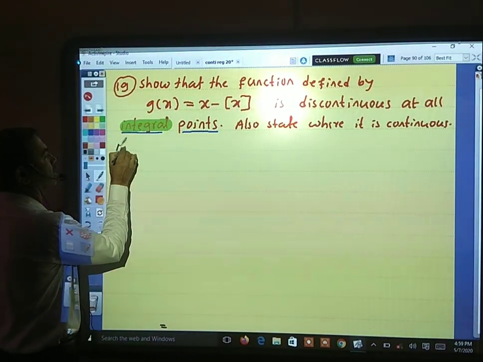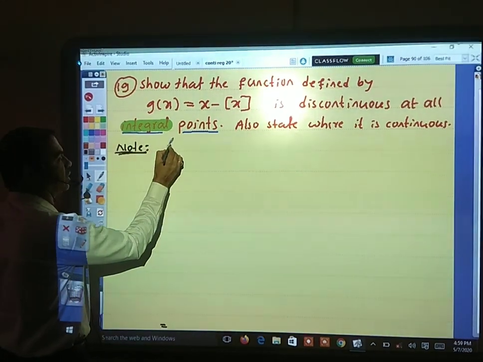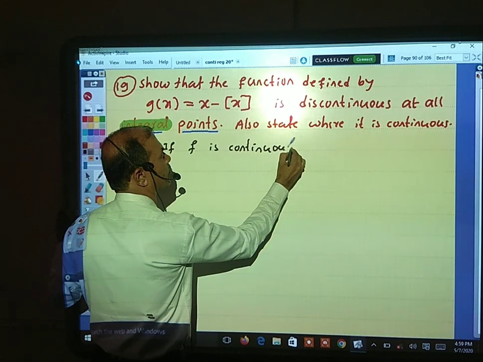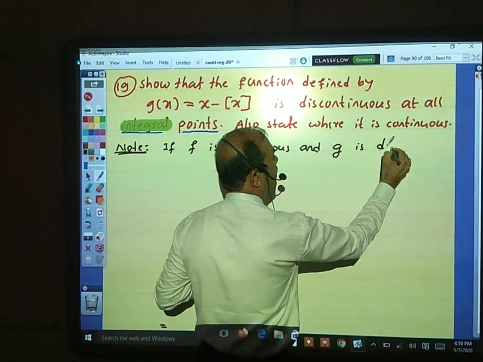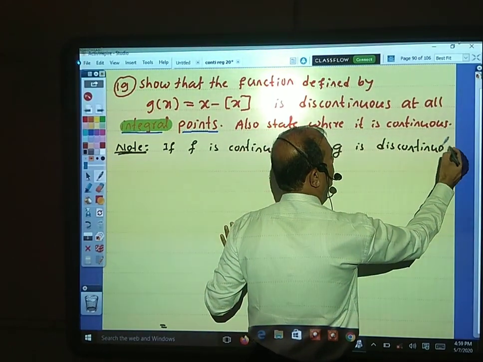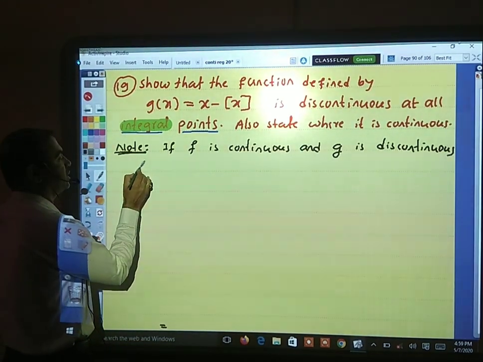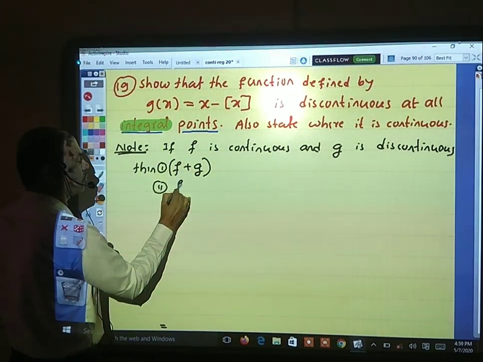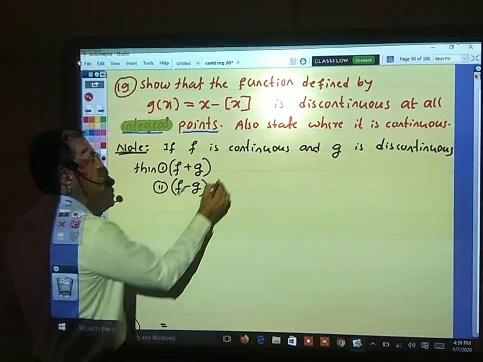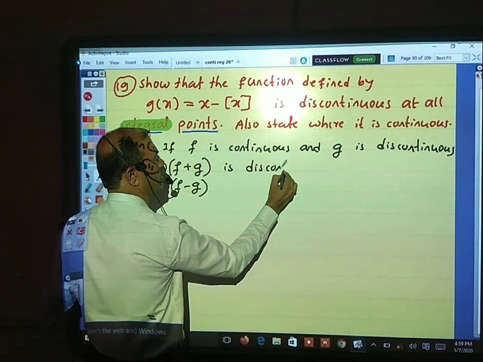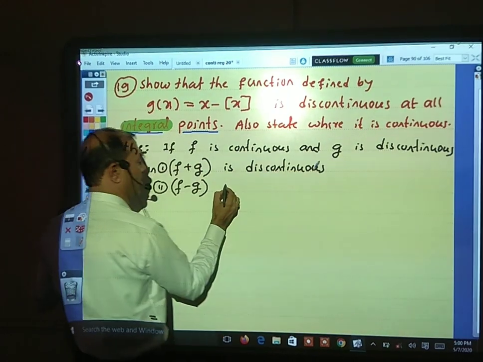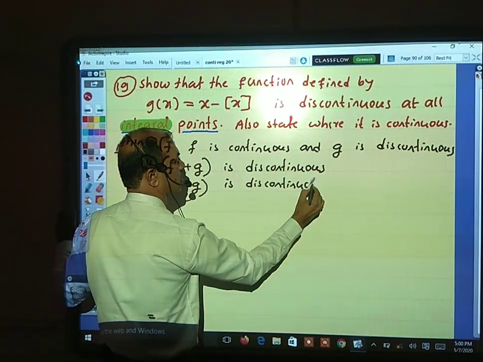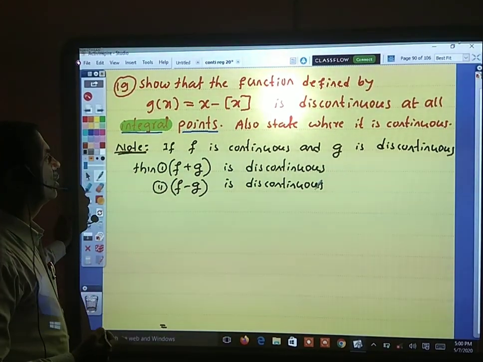To answer this, note the result: if f is continuous and g is discontinuous, then f plus g is discontinuous, and f minus g is discontinuous at those points.